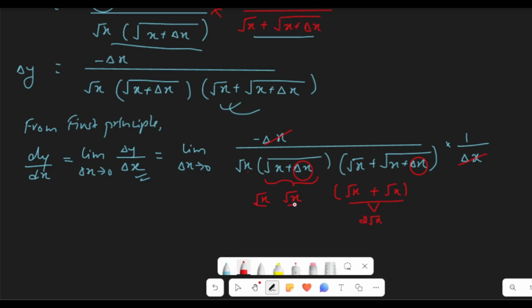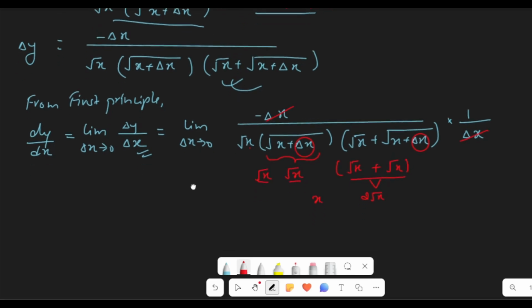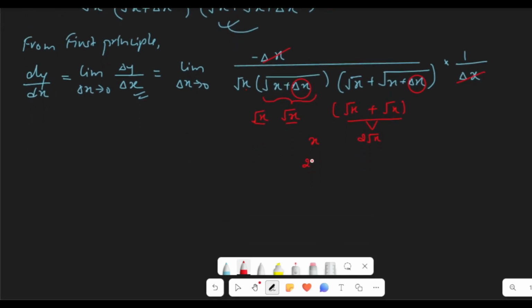We have root x times root x means root x square, that means it is x. Now we have 2x times root x in the denominator. In the numerator we have a negative sign, that means minus 1. So dy by dx is equal to minus 1 divided by 2x root x.